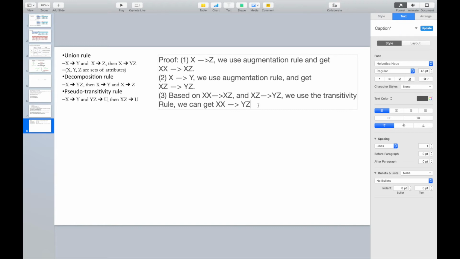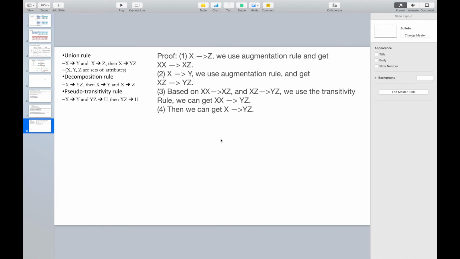XX actually is X, because they are the same copy of the same attributes. So we can get X implies YZ. By using both the augmentation rule together with the transitivity rule, we can prove the union rule based on Armstrong's axioms.